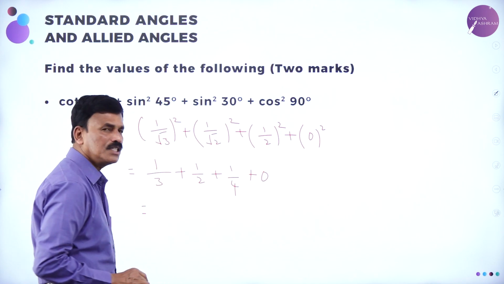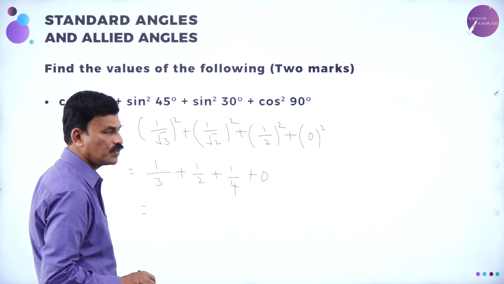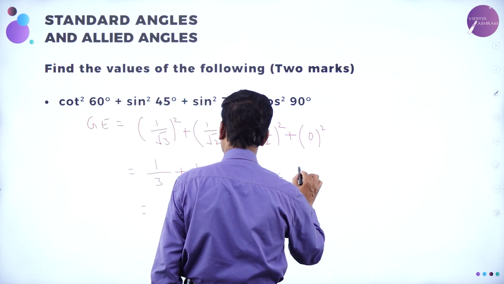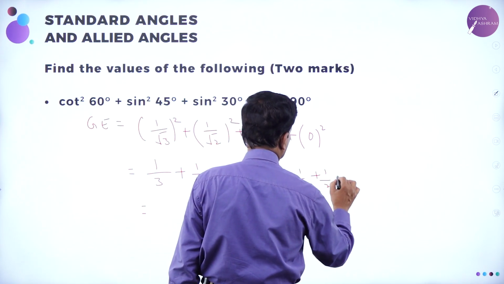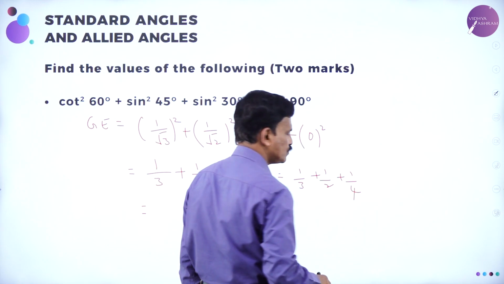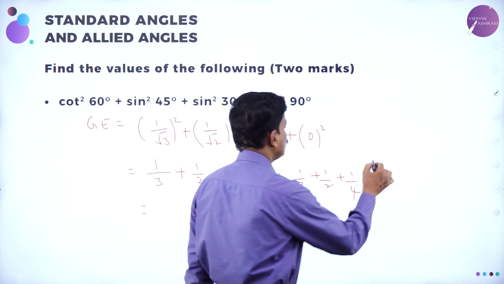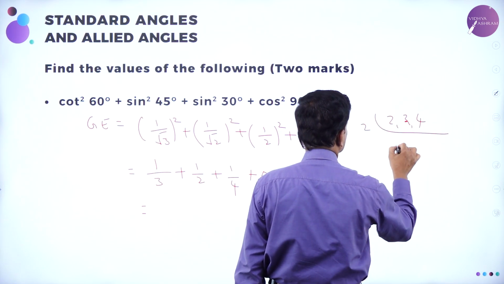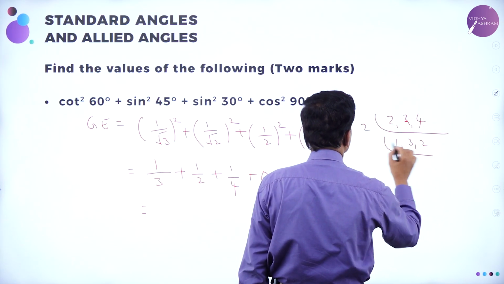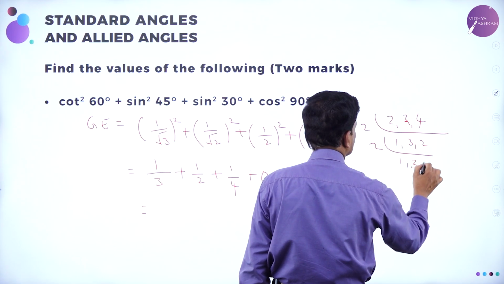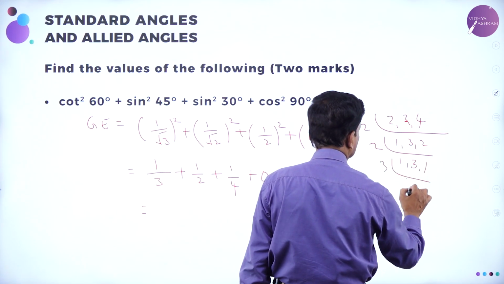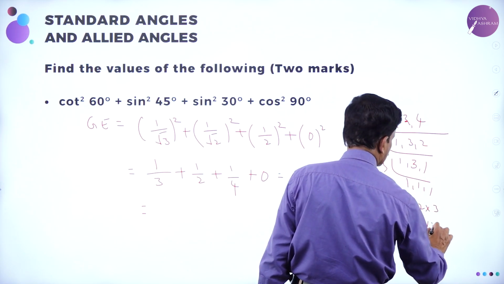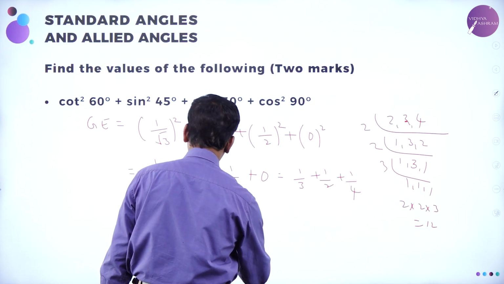So 1 by 3 plus 1 by 2 plus 1 by 4. Let us take the LCM and simplify. Now take the LCM for 3, 4 and 2. 2, 3 and 4. Take the LCM: 2 ones are 2, this as it is, 2 twos are 4, so again 2 into 2 into 3. 3 twos are 6, 6 twos are 12. 12 is the LCM.